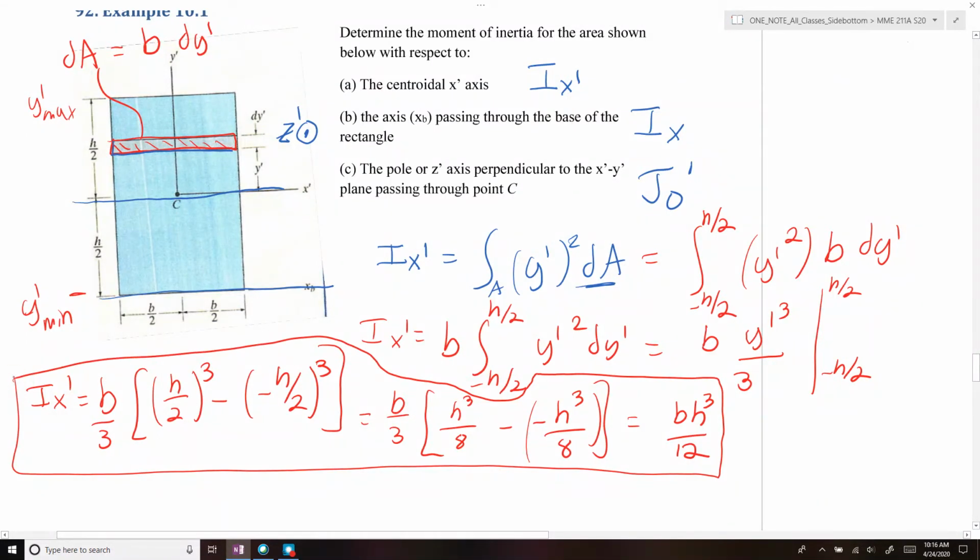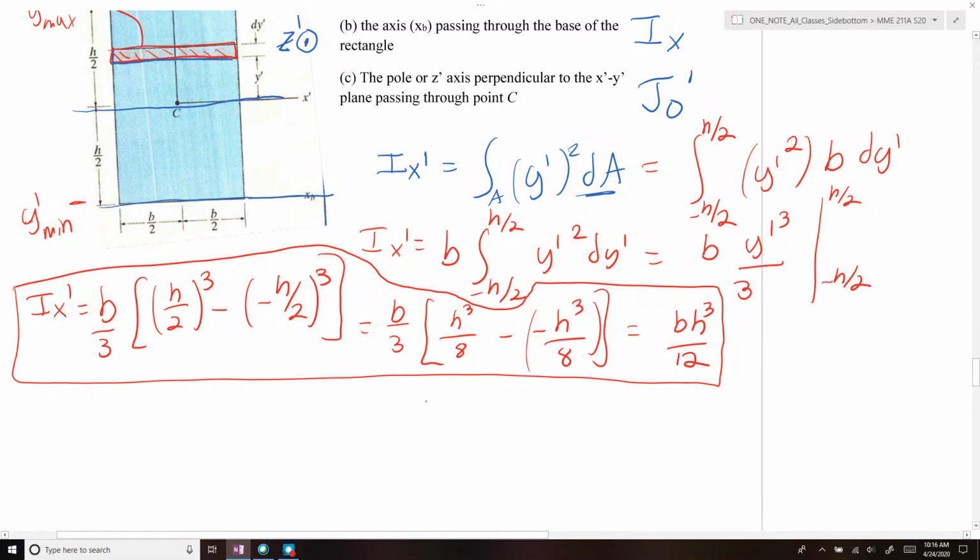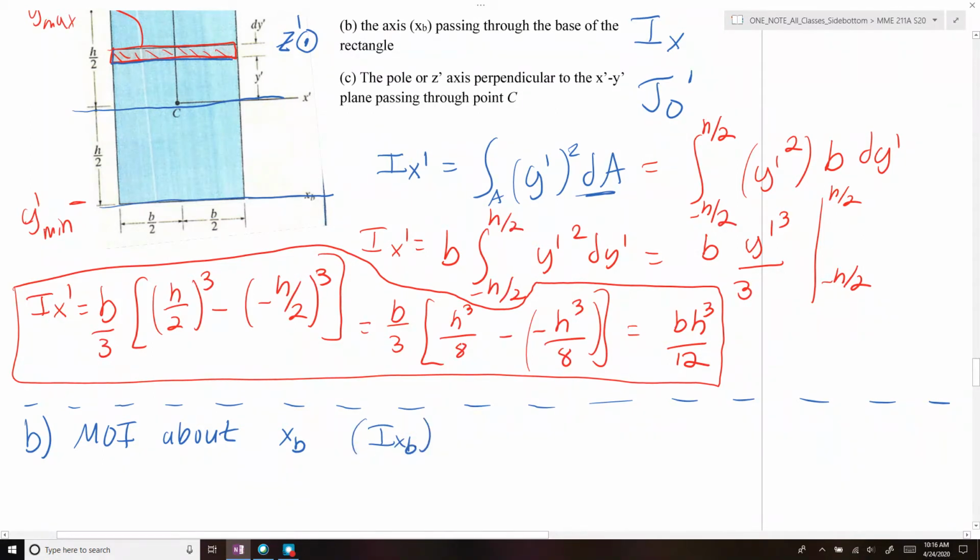In the case of our second question, part B, we're asked to determine the moment of inertia about xb. So we want to know what IXB is.